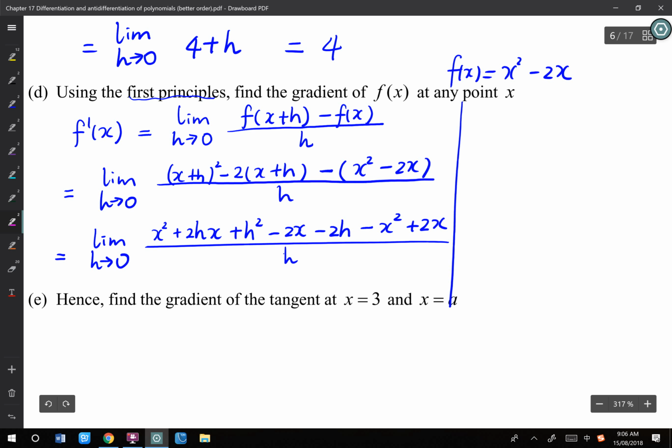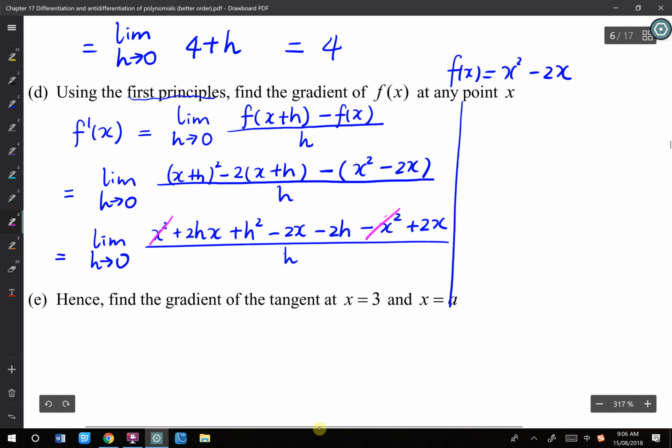Let me give you a hint. When you expand, it doesn't matter what function you're doing, after you expand, all the terms without h in the numerator should cancel. You can have a look: x squared and x squared, they cancel because they don't have an h term.